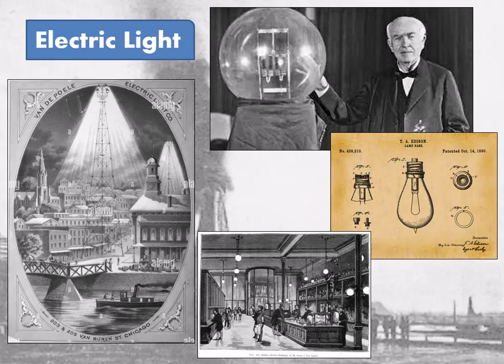You won't even really have urban residential electricity until the 1920s, and we won't have anything like a mass electric grid until after World War II, really with the building of the suburbs and hardwiring those suburbs onto electric grids. So the invention of the light bulb is profound and dramatic.